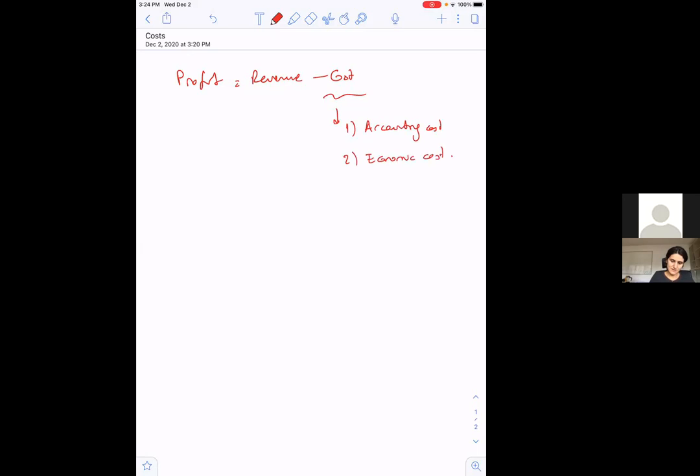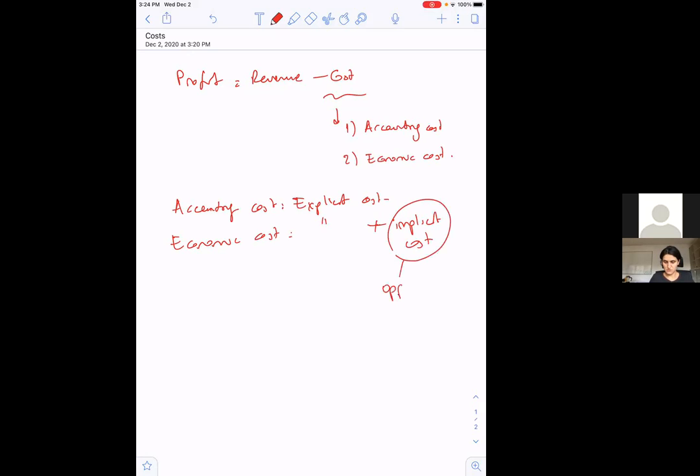In the accounting cost, we just look at the explicit costs. In the economic cost, this is explicit cost plus implicit cost. And by the implicit cost, we mean the opportunity cost.